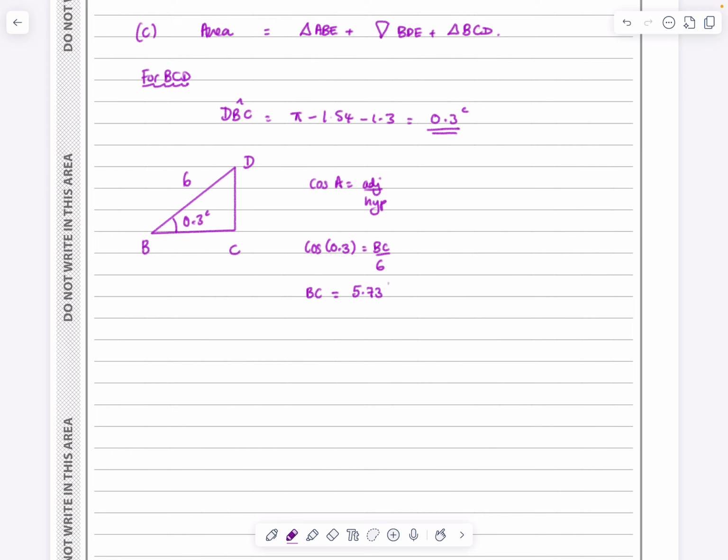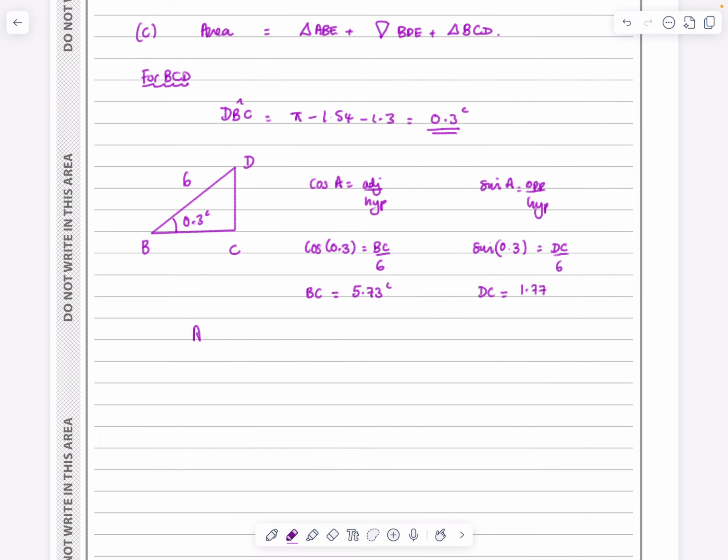That works out to be 5.73. I'll do the same thing with sine. Sine A is opposite over hypotenuse. So sine 0.3 would be equal to DC over 6. So DC works out to be 1.77.